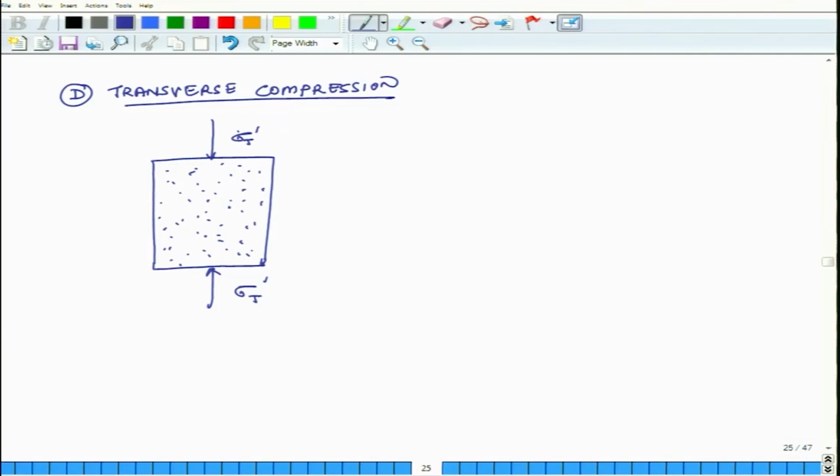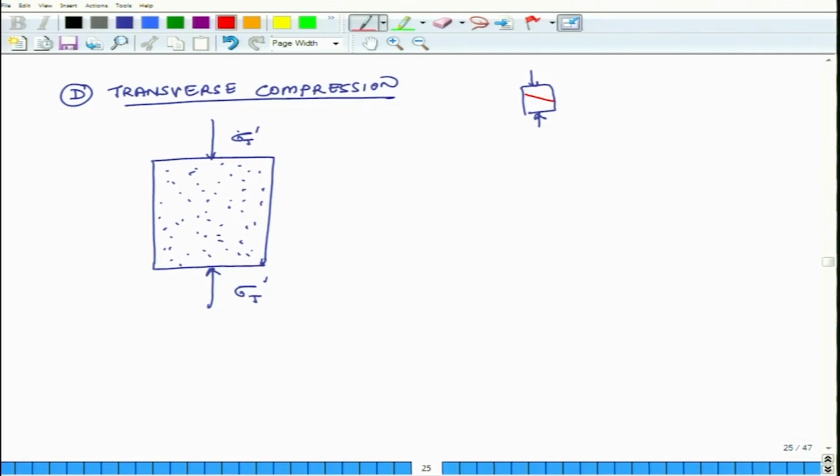Now, here typically when we apply a compressive stress to a pure isotropic material, a lot of times it fails along a shear plane.